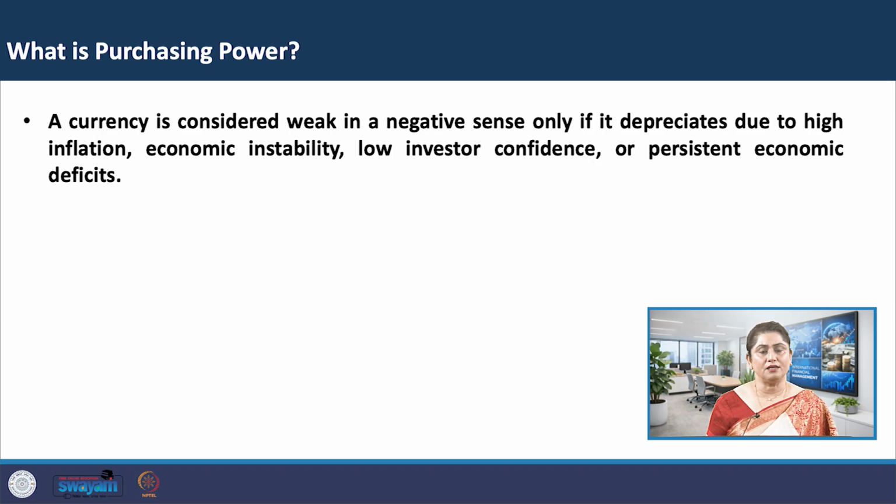Merely having a lower exchange value, meaning that $1 exchanges for many rupees, does not mean the rupee is inherently weak. A currency is considered weak in a negative sense only when it loses value because of high inflation, economic instability, low investor confidence, or large deficits.